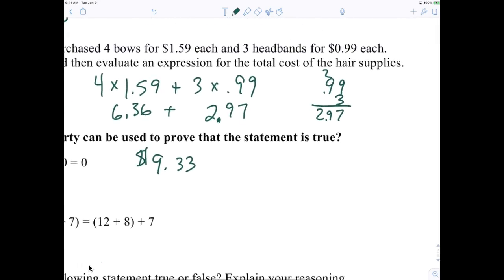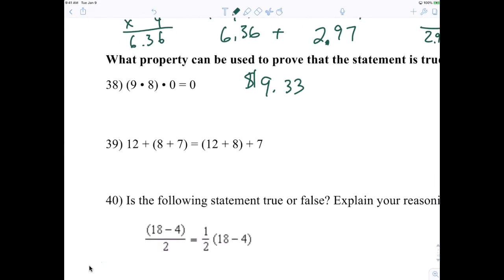Now, there's one property that we left out, which is number 38. Anybody look that property up? Yes. Instead of saying that, we also just call it the zero property. I thought it was the identity. Identity means you're staying the same. If you multiply by 0, do you stay the same? No, so it's not an identity.